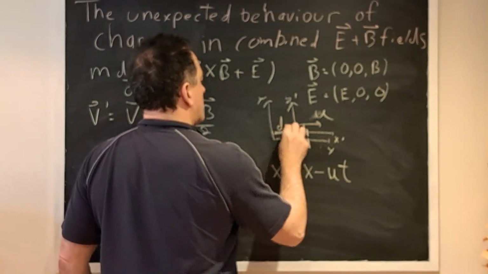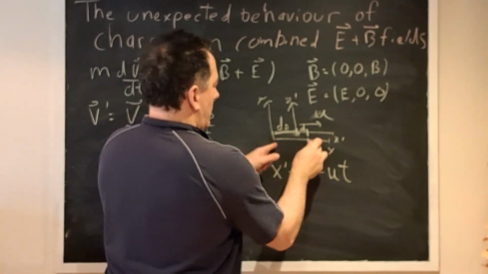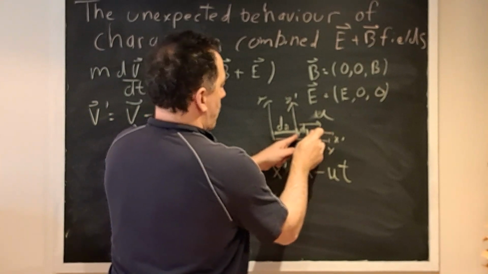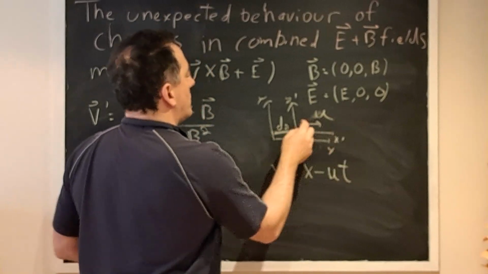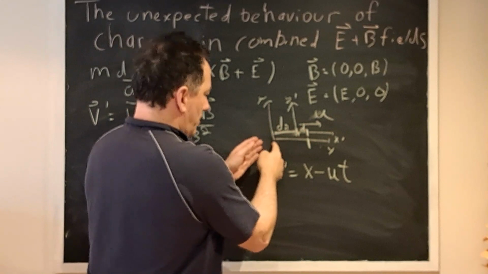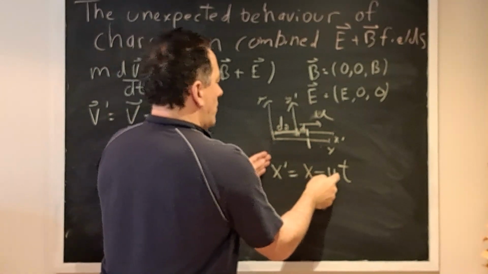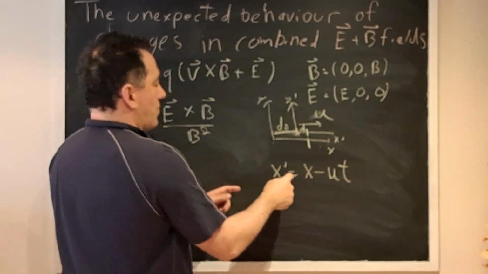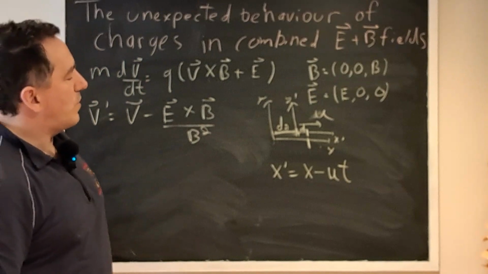That's the second distance, d2. So x is equal to d1, which is x prime, plus the distance that's been traveled. And let's suppose that initially these two coordinate systems were at the same location, the same origin, plus u times t. And of course, if we want to know x prime, we just switch it to the other side of the equation.